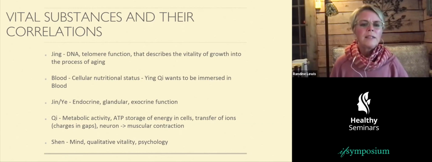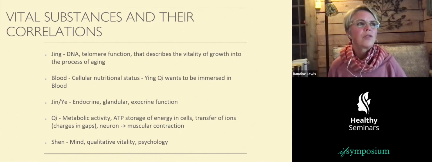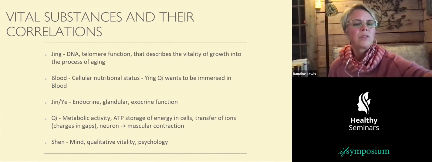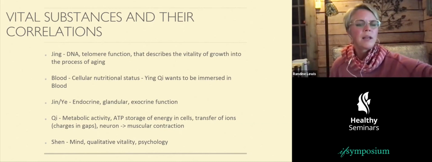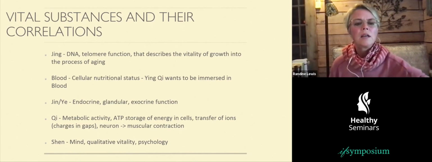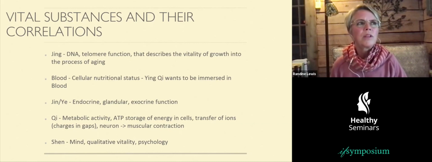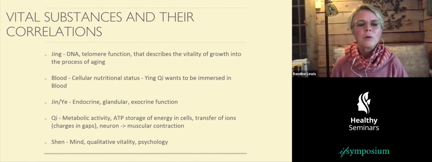And Shen can be translated to, although this is really a mistranslation where Shen is mind, but Shen can be seen as that which comes through this thing we call mind, which has a qualitative vitality along with it.